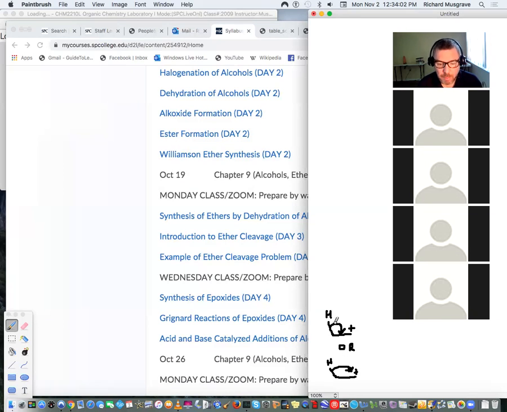But the important point is that the arrow must come from the bond. It must come from the bond. It can go to the bond, or it could go to the atom that has the positive charge on it, because both of those are valid ways to express bond formation.